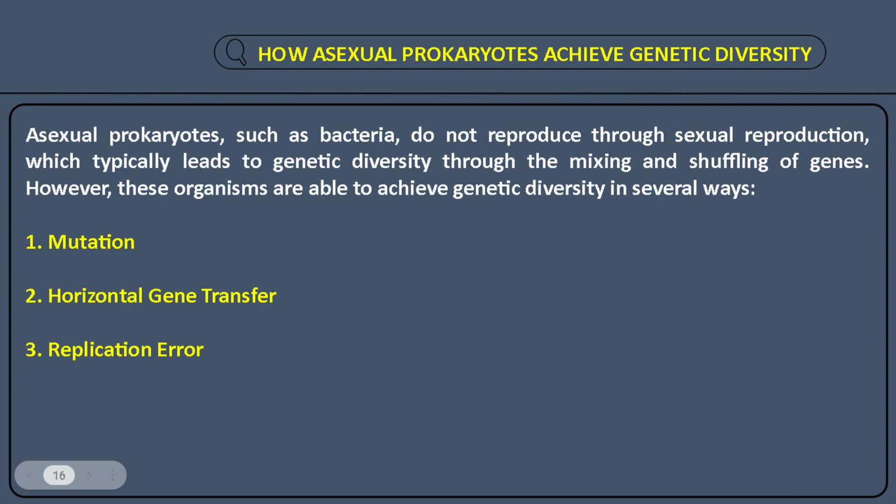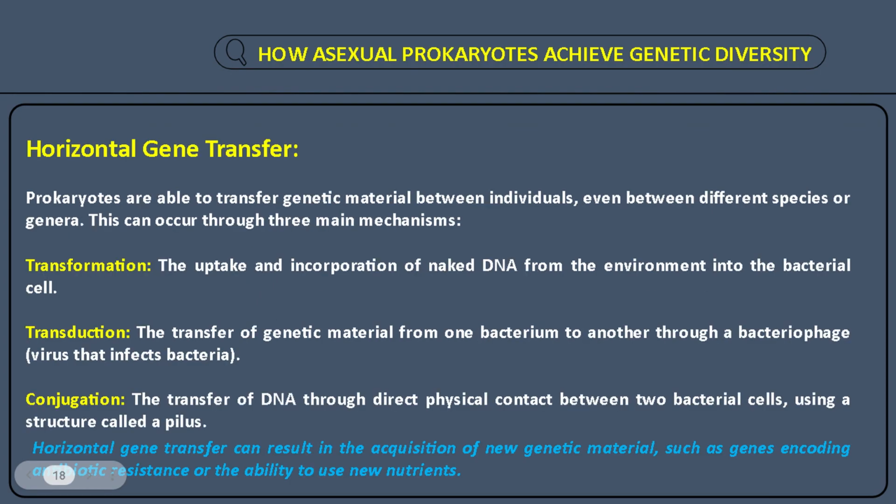The other way that prokaryotes can achieve genetic diversity is horizontal gene transfer. For horizontal gene transfer, there are three mechanisms, which are transformation, transduction, and conjugation. In horizontal gene transfer, guys, genetic material is transferred between different organisms that are not parent and offspring.